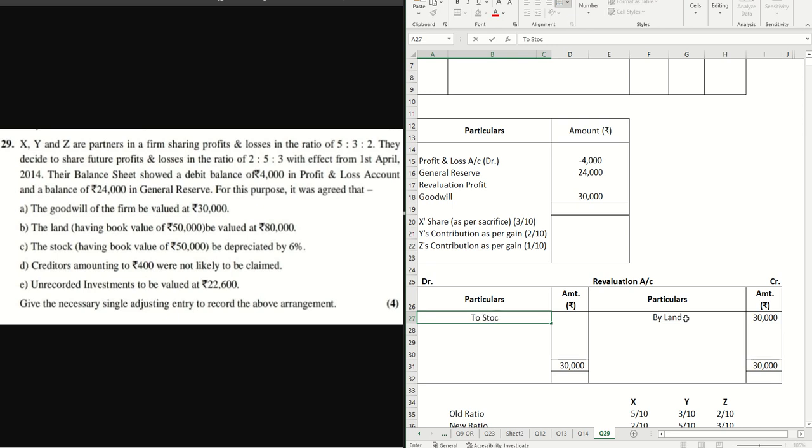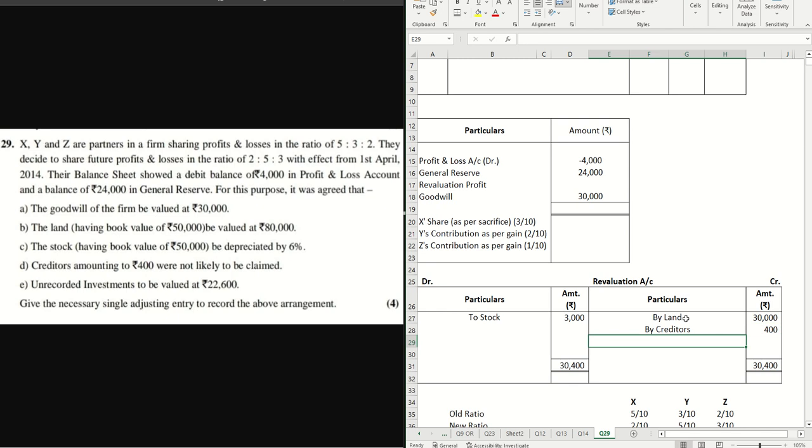So that comes on the debit side, which is 6% of 50,000. That comes to 3,000. The creditors amounting to rupees 400 were not likely to be claimed, so that comes on the credit side by creditors. The entire 400 comes here.